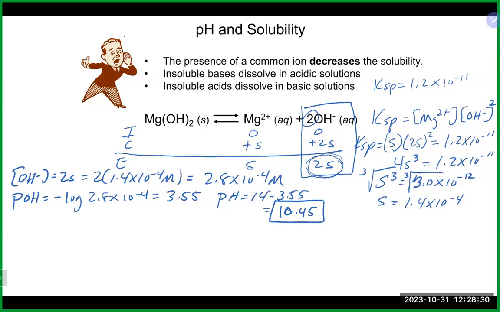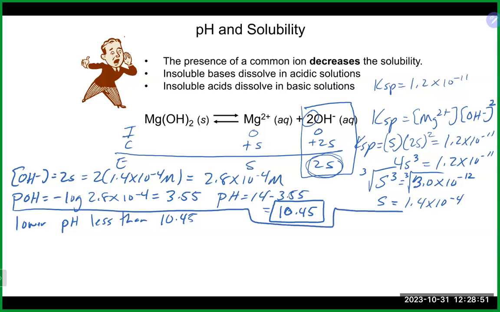So what would happen if I decided to lower the pH to less than 10.45? We don't even have to get it into acidic conditions. If I lower it even a little bit, what will happen to my solubility?